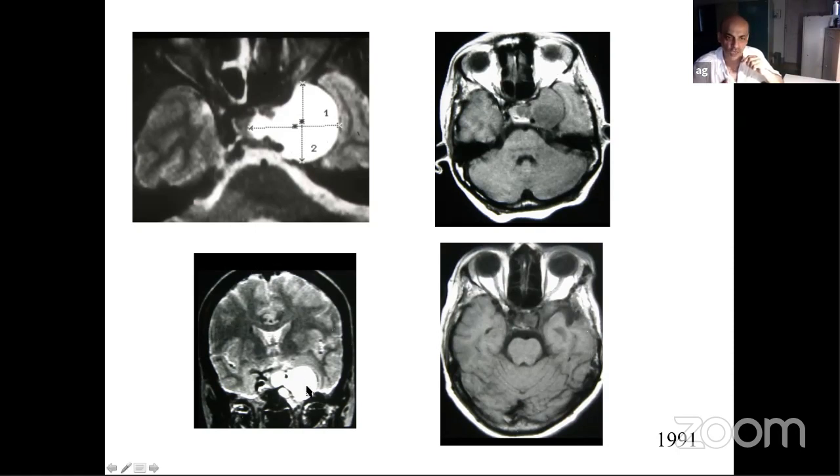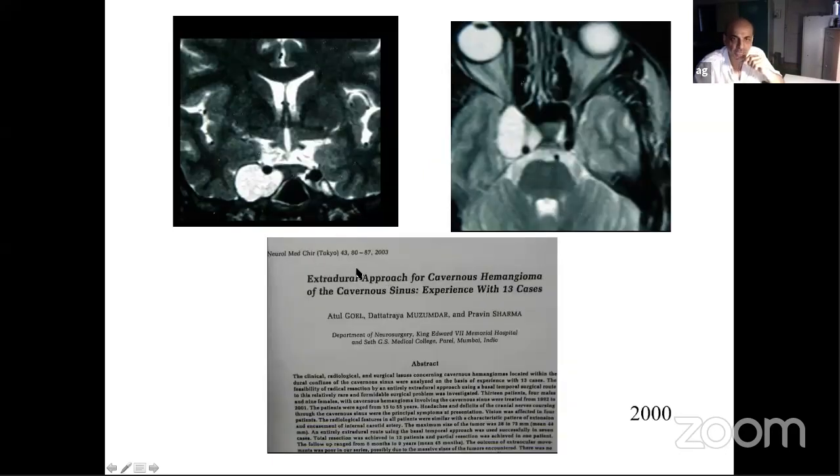So you have to learn how to remove a cavernous hemangioma within the cavernous sinus, and I will show you some videos in my subsequent lectures. When you go in, you must know that this tumor is within the cavernous sinus, and the cavernous sinus is an extradural entity. For the first time in the literature, we described an extradural approach to these tumors.